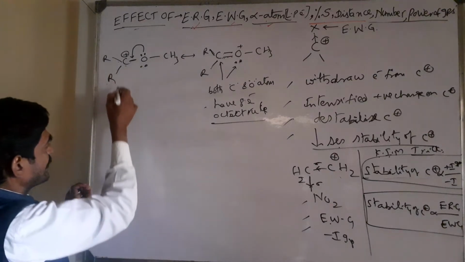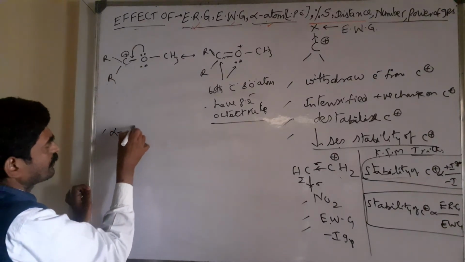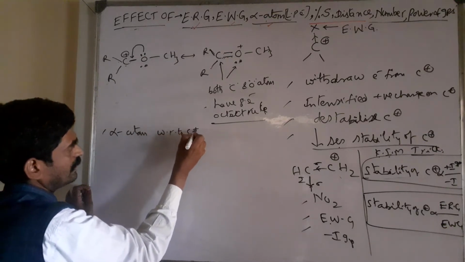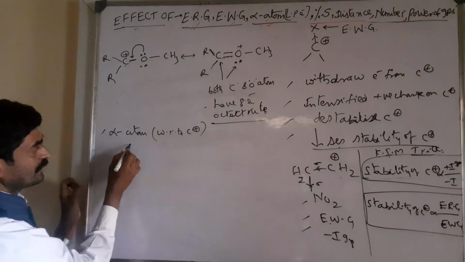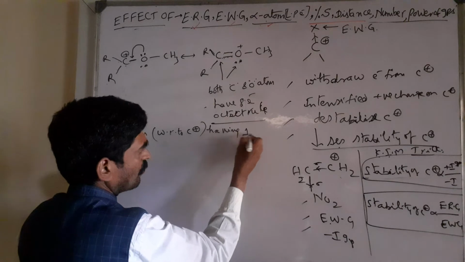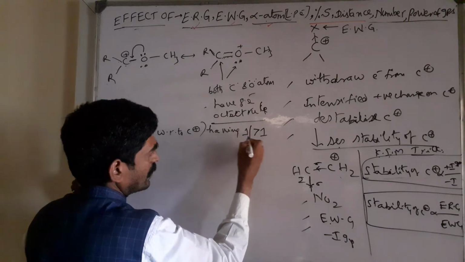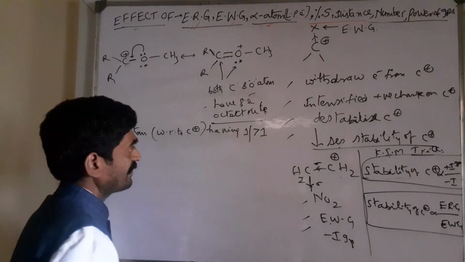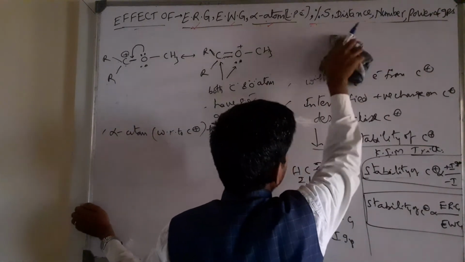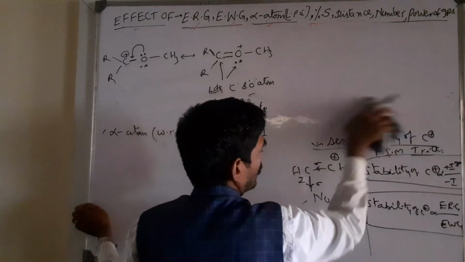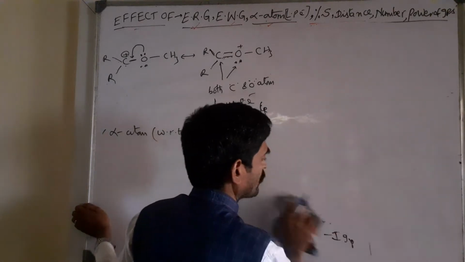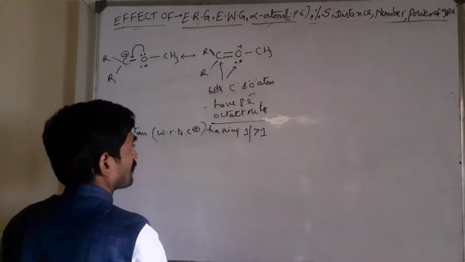Okay, so then you can write it: the alpha atom with respect to the carbocation has one or more than one lone pair of electrons. That lone pair of electrons is delocalized, distributed, and that can stabilize the carbocation.